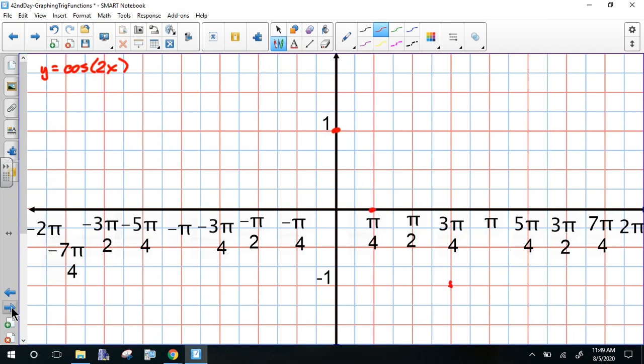I'm going to be down below 3 pi over 4. And I'm going to hit again at pi. If I keep going and I want another, I blew those points, went right by pi over 2 and 3 pi over 4, and then back up at pi. That's one cycle, one period.